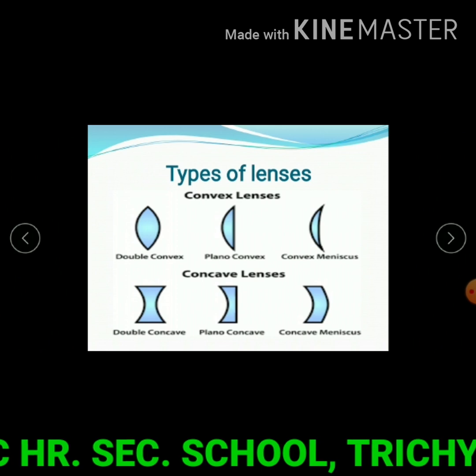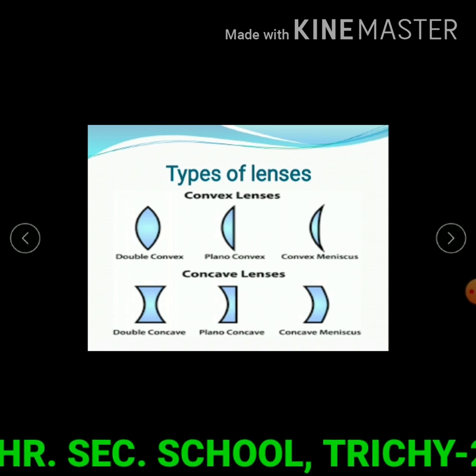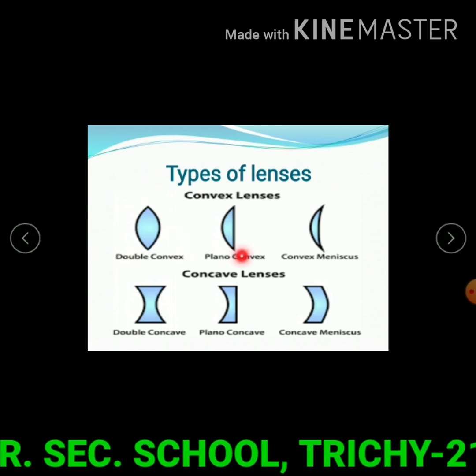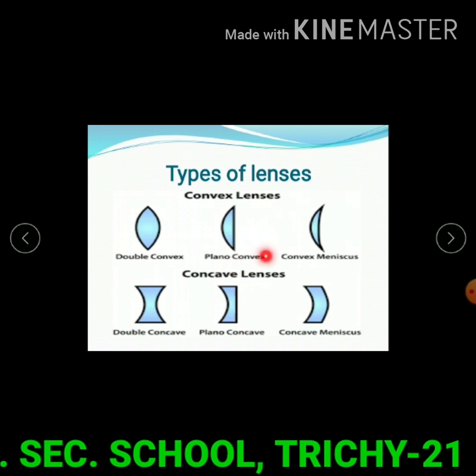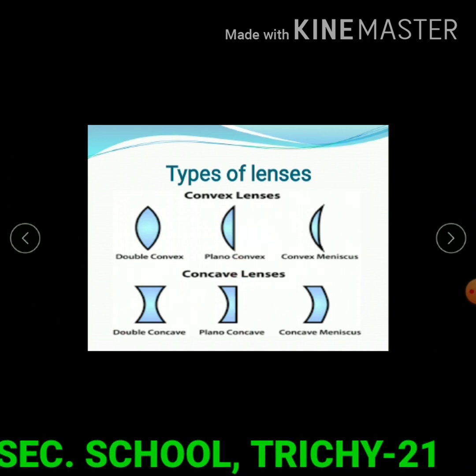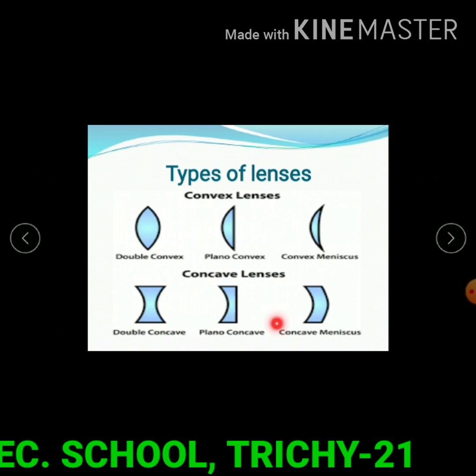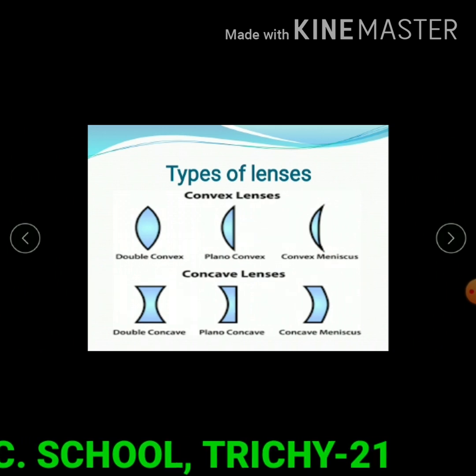So these are the different types of lenses: double convex, plano-convex, convex meniscus, double concave, plano-concave, concave meniscus.